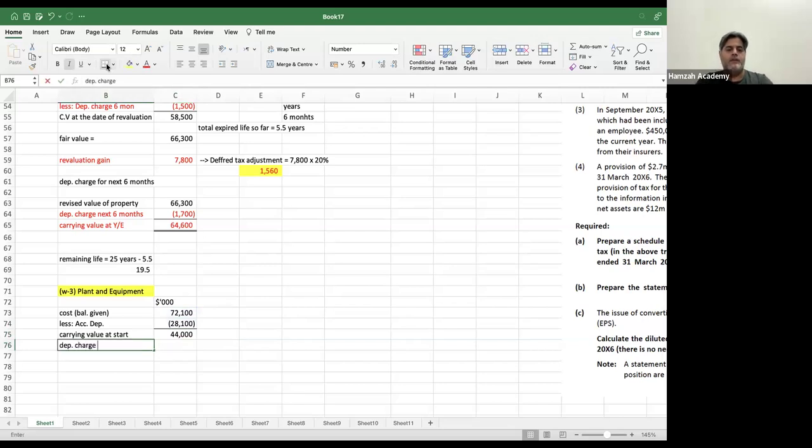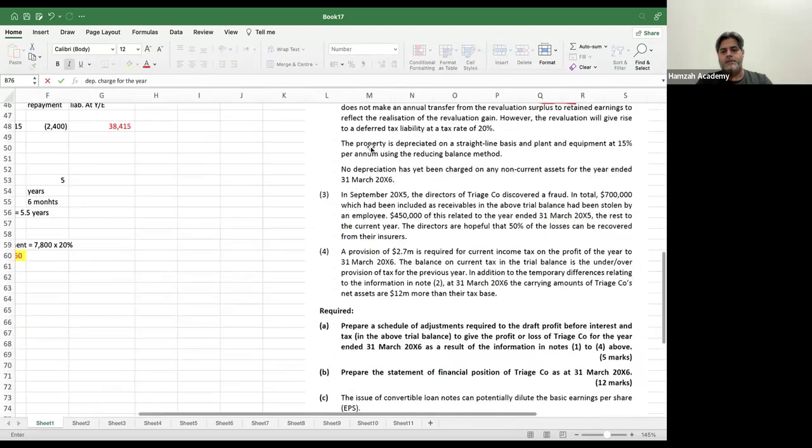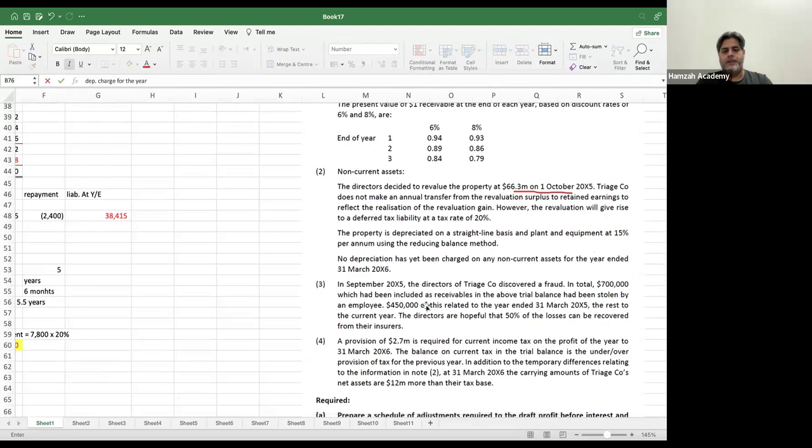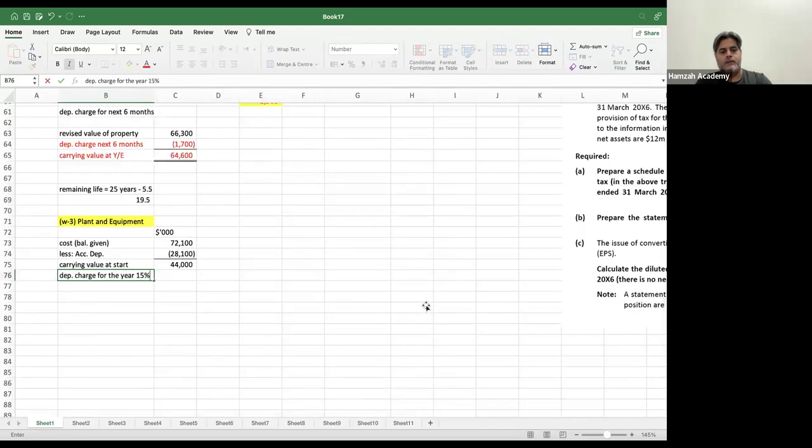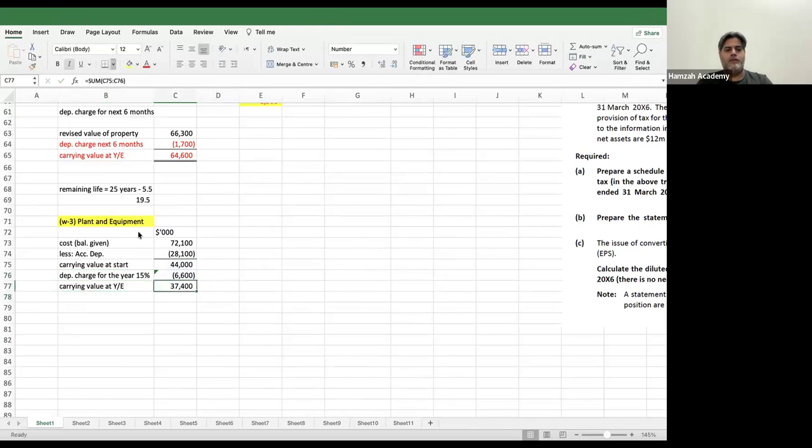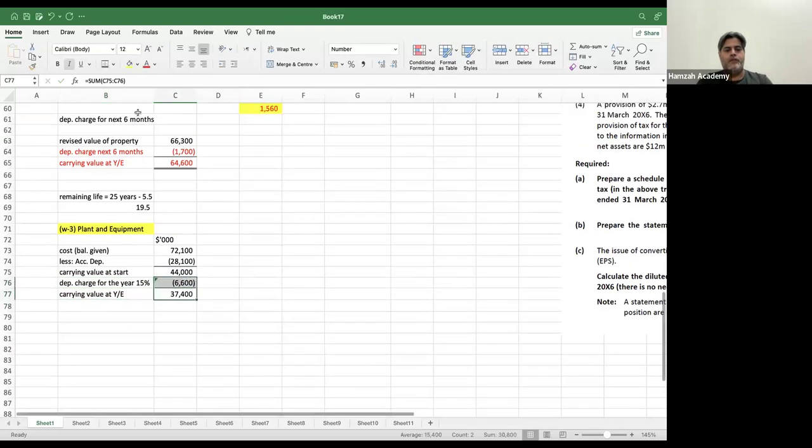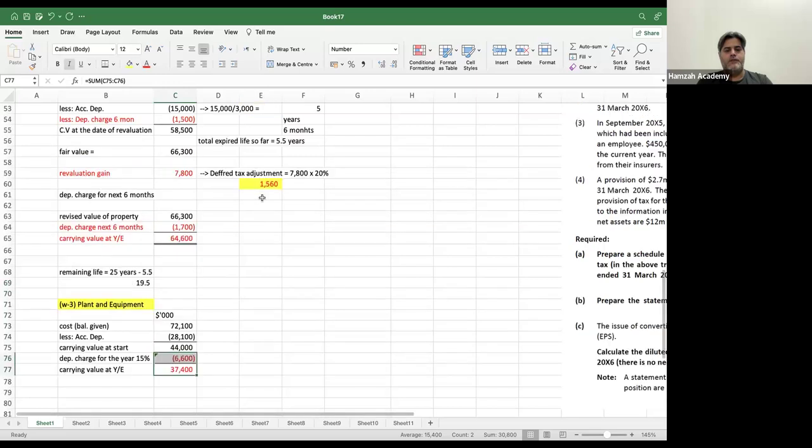Then depreciation charge for the year, and this depreciation charge was 15%. Then we have the carrying value at year end 37,400. So these two we have to record, 37,400.